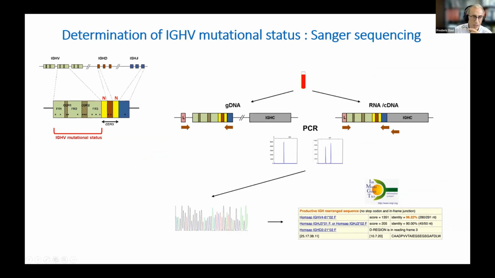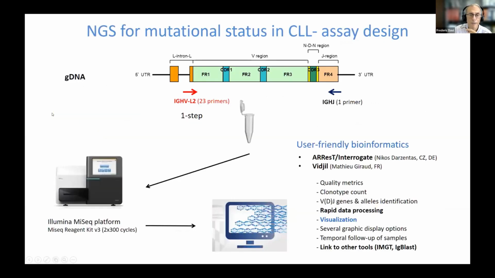So traditionally, what you just need to do is have the sequence, count the mutations compared to the germline, and then determine if the percentage of identity is below or above 98%. This can be done from genomic DNA or cDNA. The importance is to have the full size of the V gene, which means having a primer in the leader peptide region.